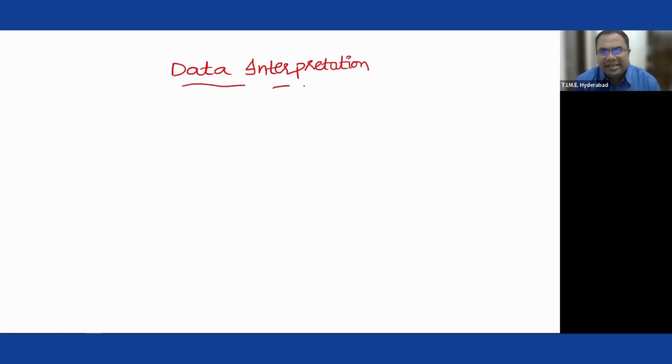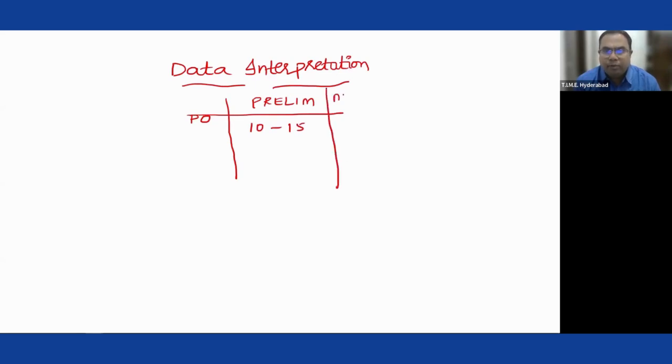Now, when you look at your data interpretation particularly, I will generalize and tell you, if you look at the PO exam prelim, PO prelim, you may expect 10 to 15 questions. PO mains, you can expect some 15 to 20 questions.